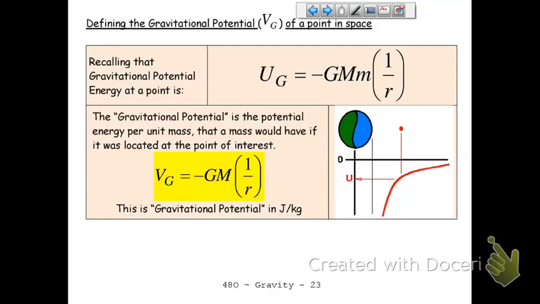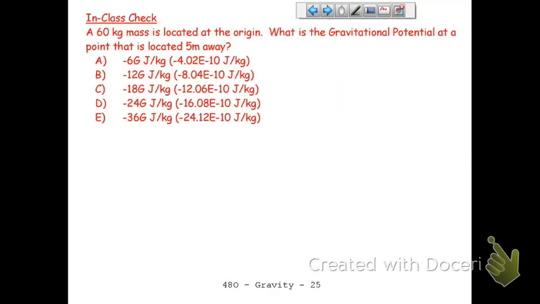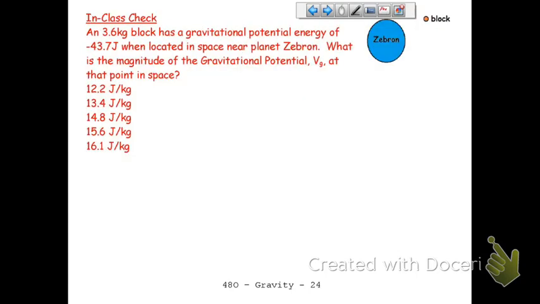So, is that about it? I got just a little bit more. A 3.6 kilogram block has a gravitational potential energy of that when located near planet Zebron. What is the magnitude of the gravitational potential at a point? So, here's my block.